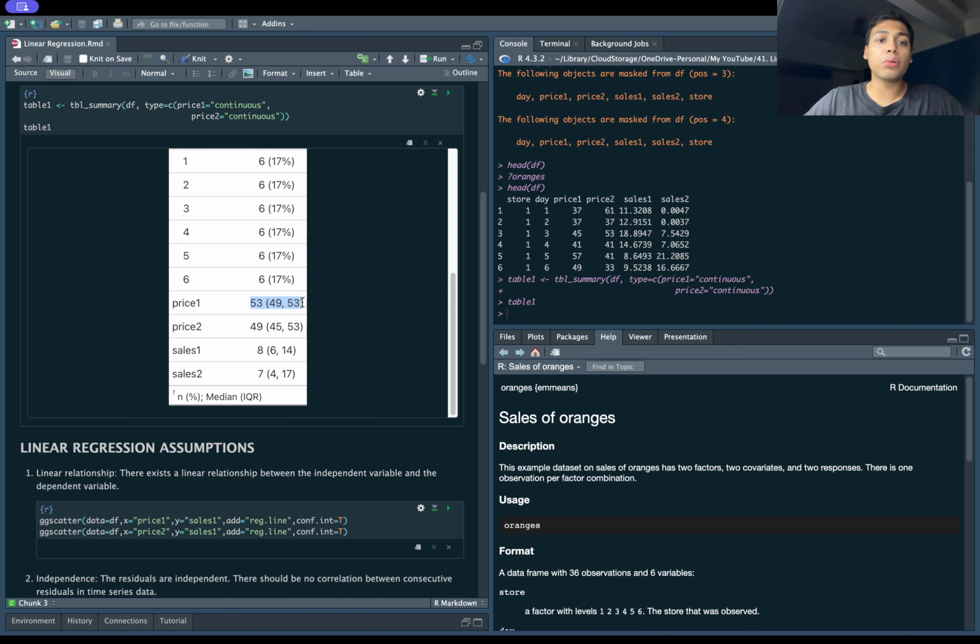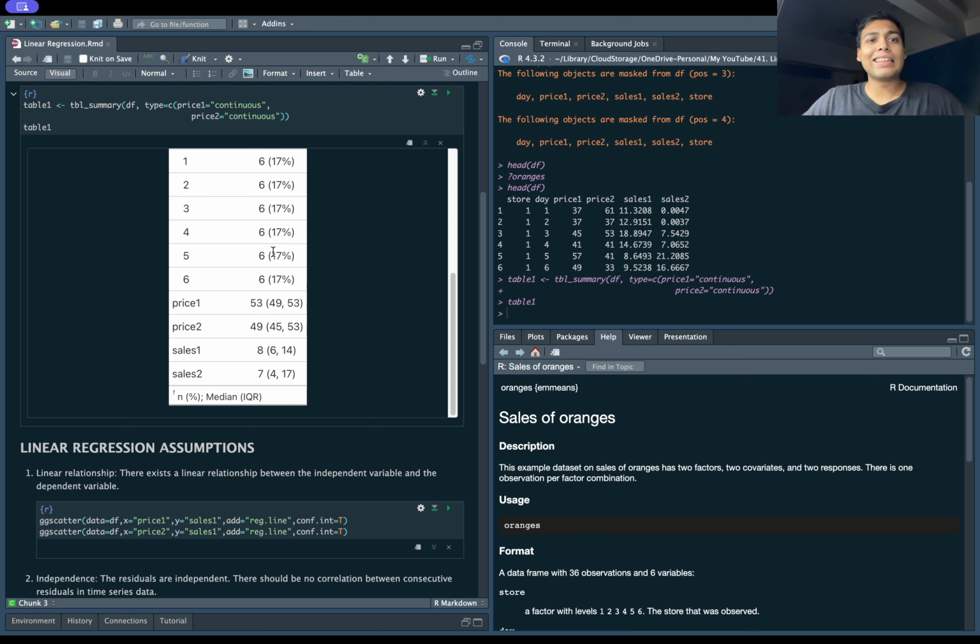This is the median and interquartile range for price, and these are the median average number of sales, if you catch my drift. So median, IQR, right? We are not going to be seeing variety number 2 in this tutorial.